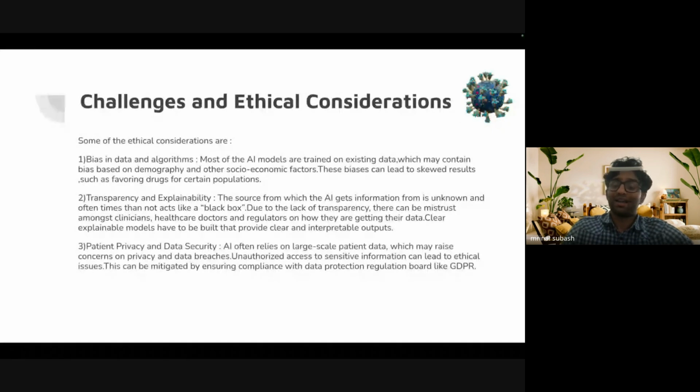Now, just like a coin has two sides, there are challenges when it comes to having generative AI while performing drug repurposing.